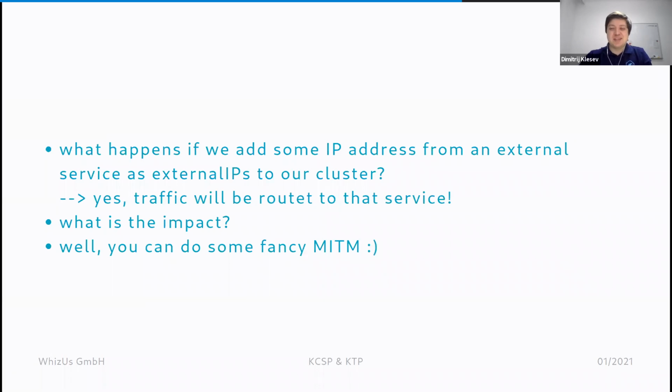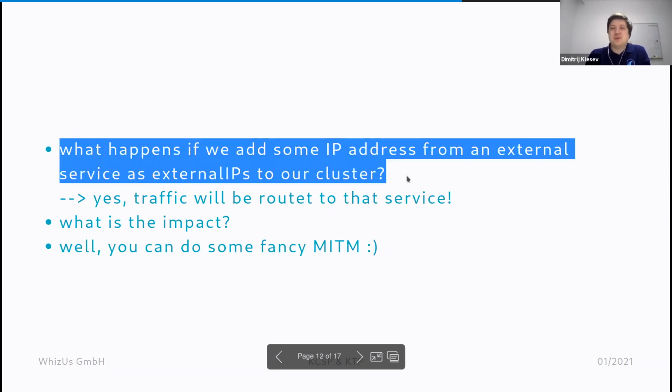Well, as we've discussed before, you can set some external IP addresses for Kubernetes to accept this traffic, right? And what happens if we set some completely random IP address or some completely external IP address, like for a famous website you may be aware of, like WhizUs.com? What will happen within our Kubernetes cluster?